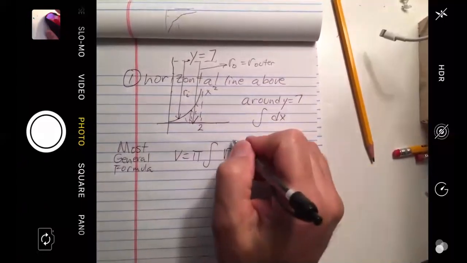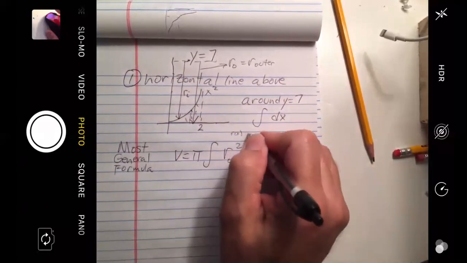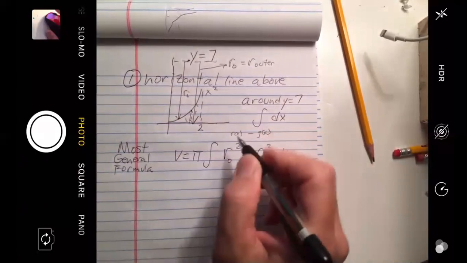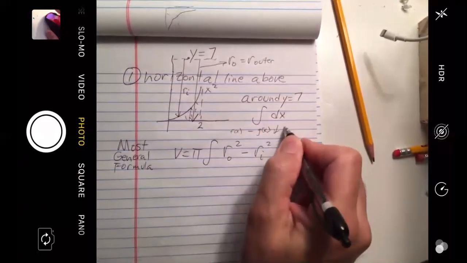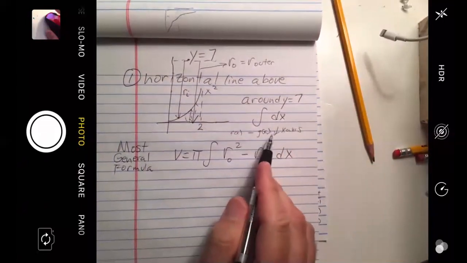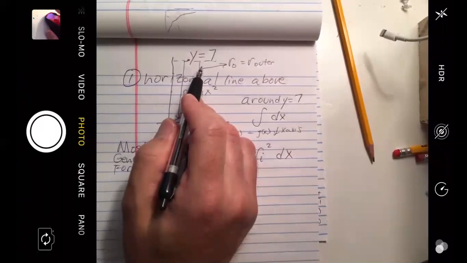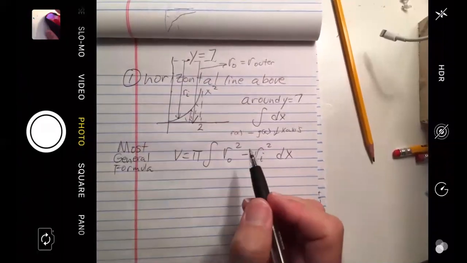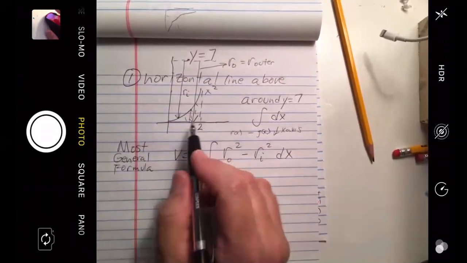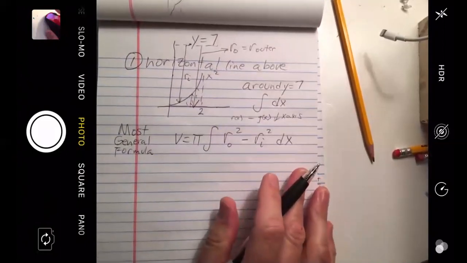See, before, it was straight f of x minus g of x, because those were the radii around the x-axis. But they're not anymore. I'm going around y equals 7. All right, I'll bring in the numbers on the integral here in a minute.